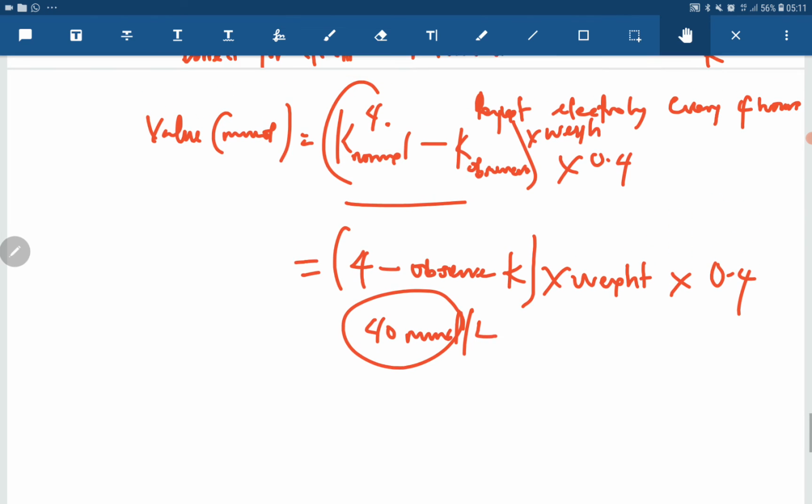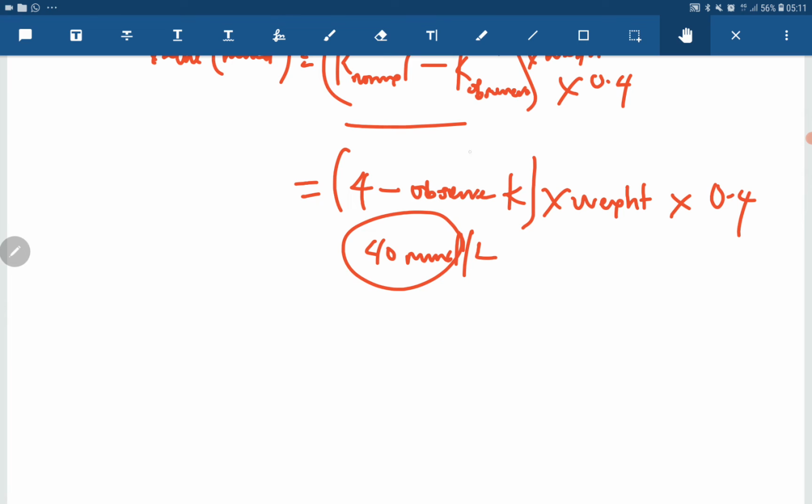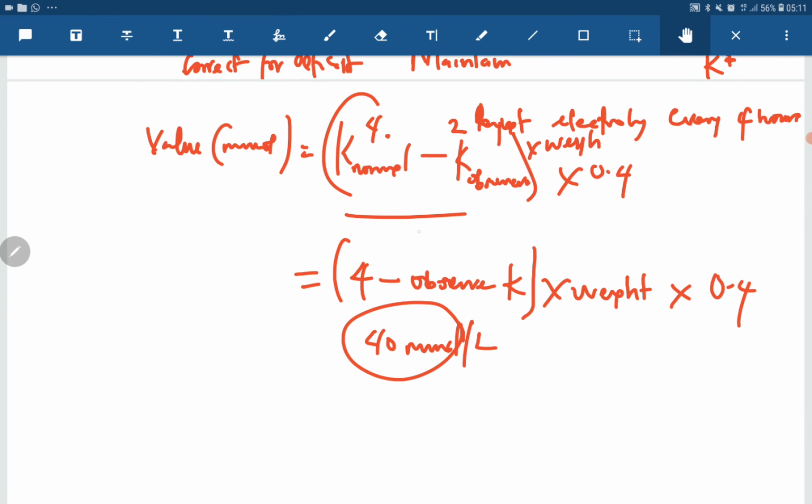So for instance, now the patient has a potassium of 2, and we use 4 as the average normal. So 4 minus 2 is 2, times, let's say the patient weighs 60 kg, times 60 times 0.4. So this will be 4 times 6 times 2. Am I making a mistake? 4 times 6 is 24.